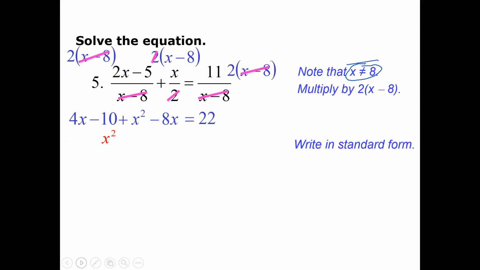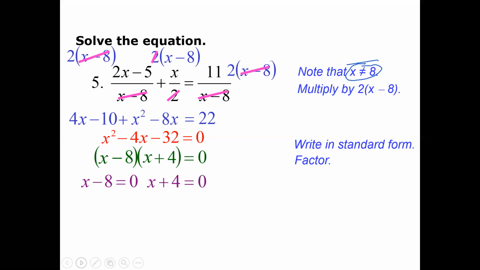So simplifying, you have x squared minus 4x minus 32 equals 0, transposing 22 to the left side, making one side equal to 0. So again, this is a quadratic equation. So we factor x squared minus 4x minus 32 equals 0. So you have x minus 8 and x plus 4. Applying the zero product property, solve for x, you have x equals 8 and x equals negative 4.